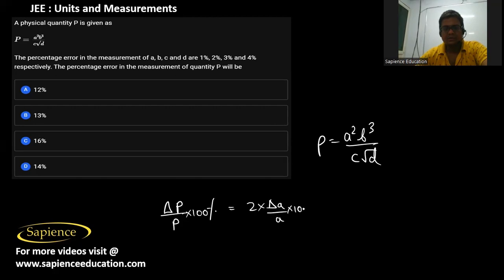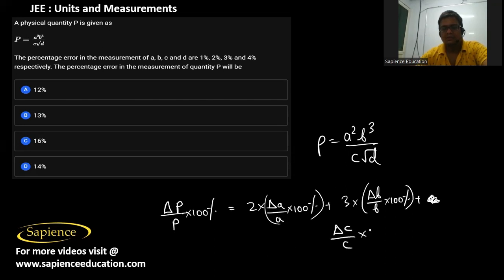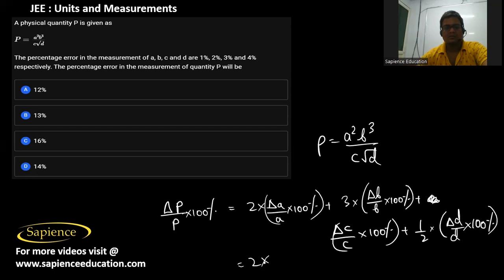the percentage error in A, plus 3 into the percentage error in B, plus 1 into the percentage error in C, plus half into the percentage error in D. So 2 into 1% plus 3 into 2% plus 3% plus half into 4%.